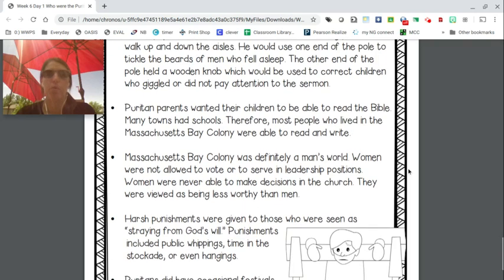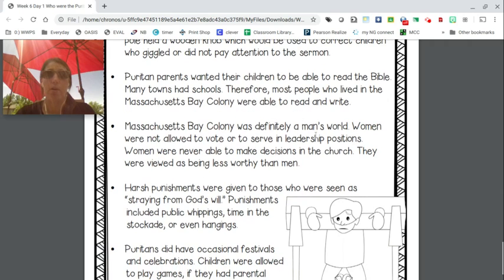Puritan parents wanted their children to be able to read the Bible. Many towns had schools. Therefore, most people who lived in the Massachusetts Bay Colony were able to read and write. Massachusetts Bay Colony was definitely a man's world. Women were not allowed to vote or to serve in leadership positions. Women were never able to make decisions in the church.